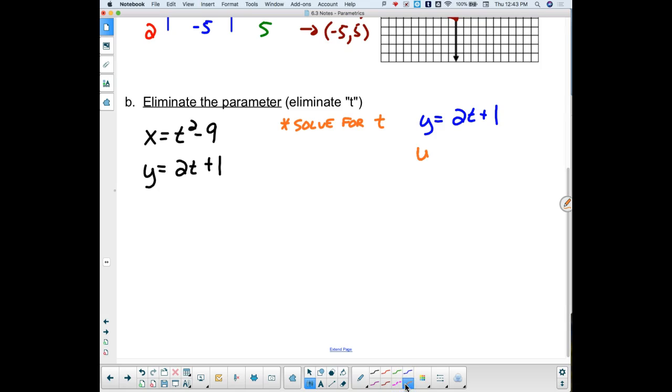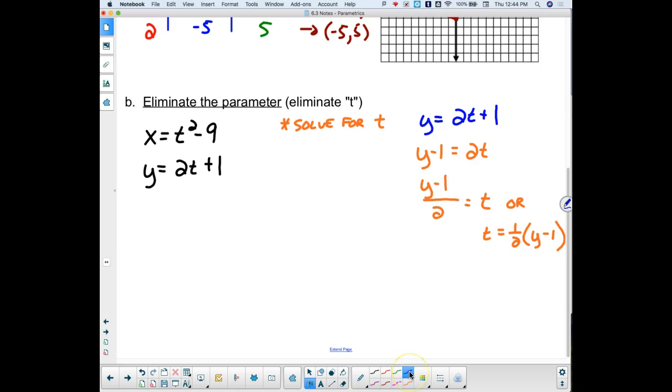I'm going to subtract 1, and I'm going to divide by 2. Now I'm going to take that and put it into the other equation.